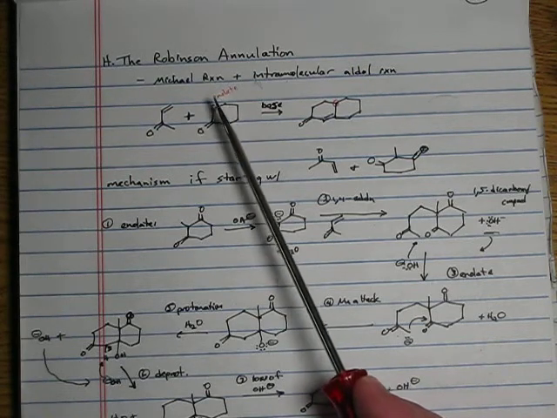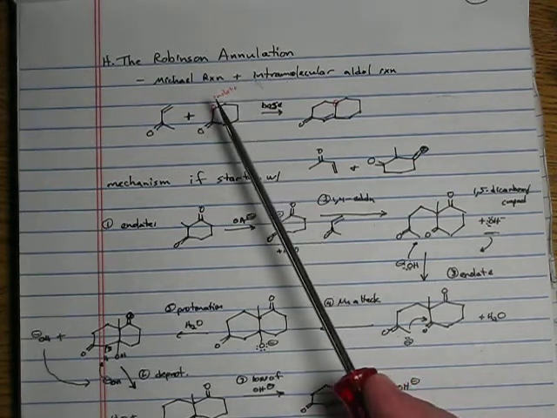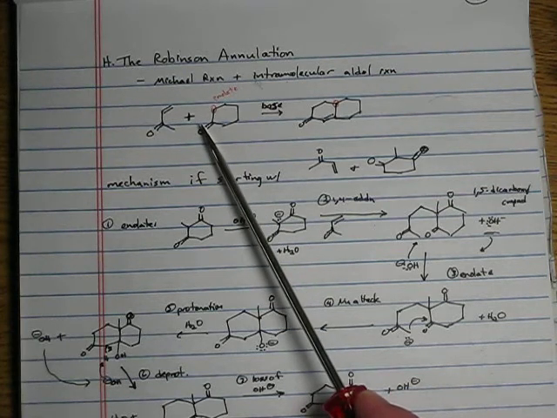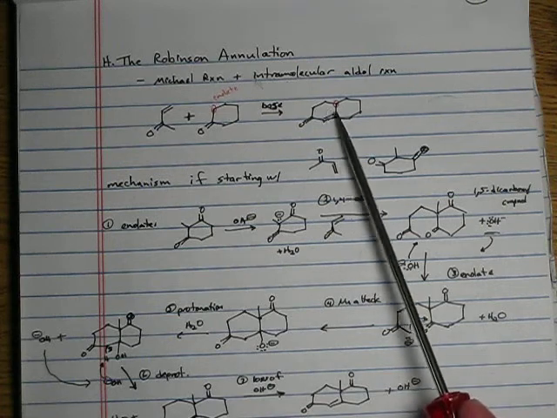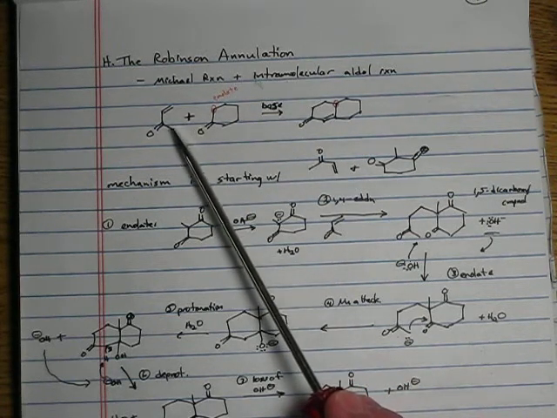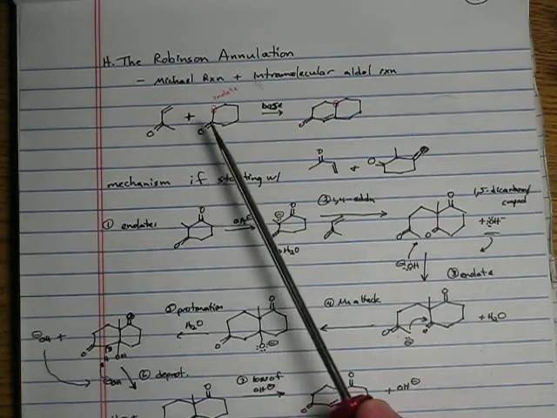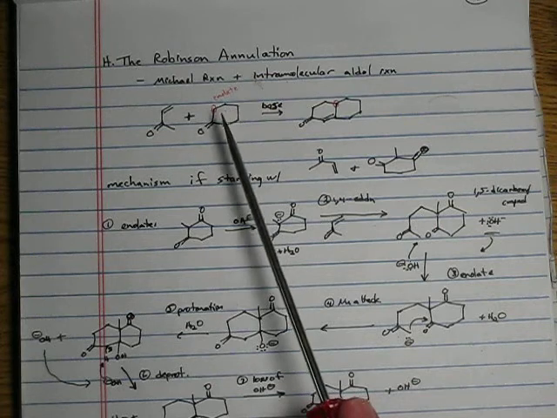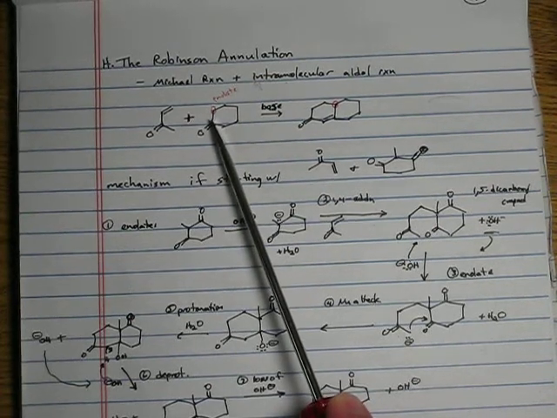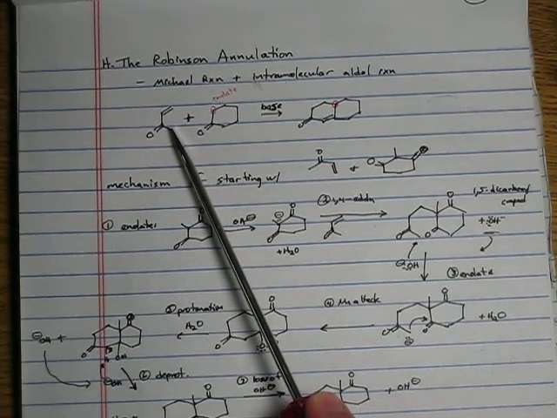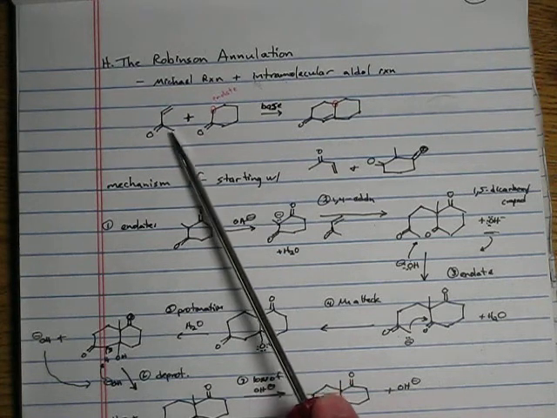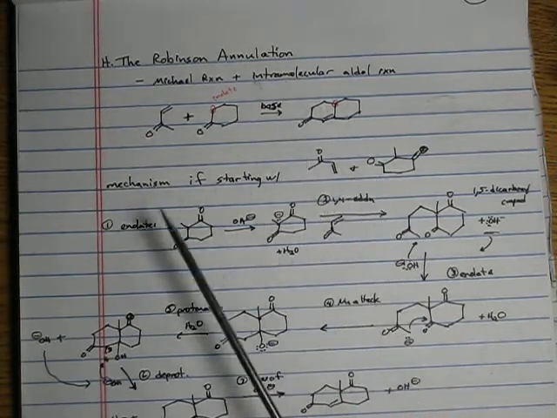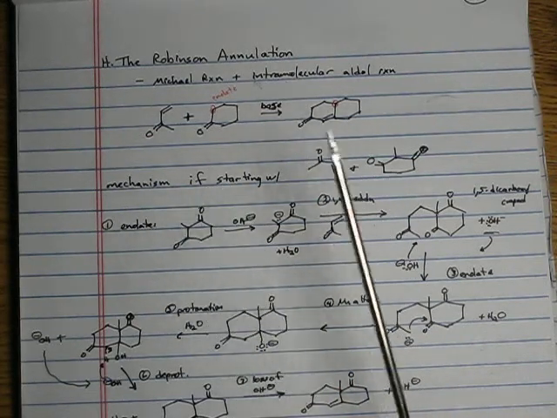What we're going to see is when we make the product here, this carbon-oxygen double bond is actually going to become this carbon-carbon double bond, with this carbon over here being this carbon of this double bond. So we're going to end up forming a double bond between the carbonyl of our enolate and the carbon alpha to the carbonyl in our alpha beta unsaturated carbonyl compound. And these guys tend to be pretty stable, so these reactions go.